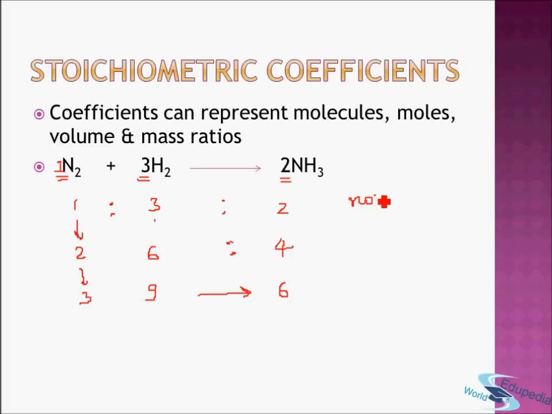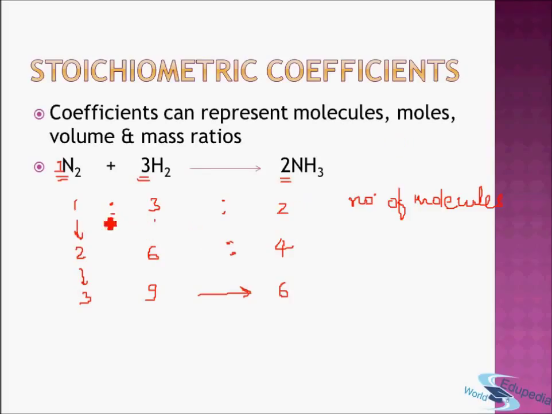Okay, so when I am talking about number of molecules, we can understand now how I can use stoichiometric coefficients for the calculation. Okay. Similarly, this ratio 1:3:2 can also mean number of moles.